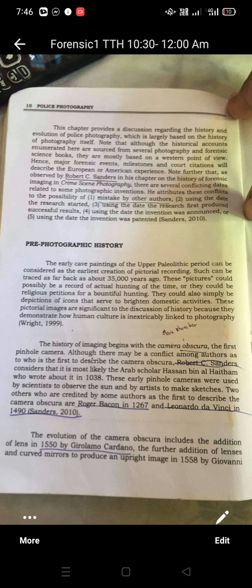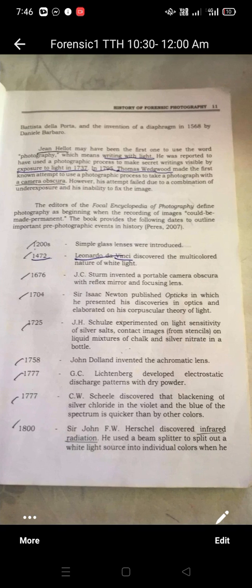The Focal Encyclopedia of Photography defined photography as an image that could be made permanent, and these books outline the important pre-photographic events in history.